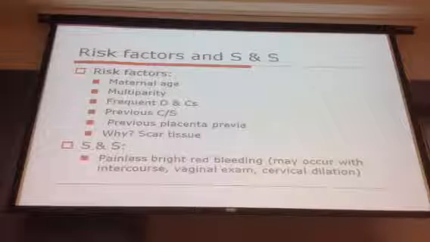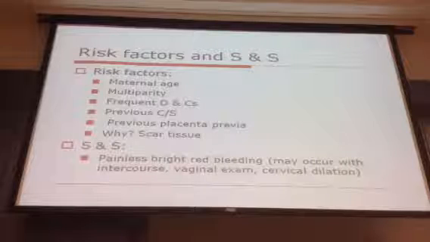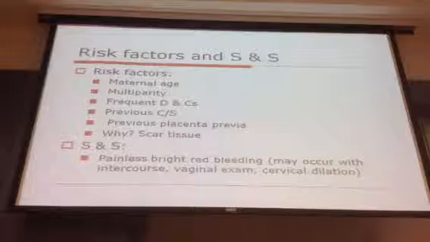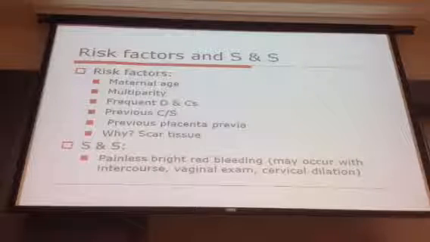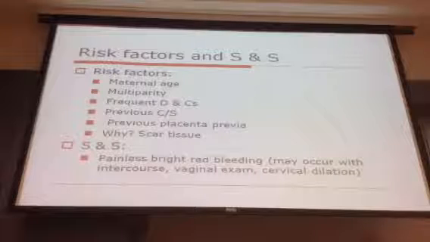And so with women who have multiple pregnancies or multiple reasons for uterine scarring like D&Cs, lots of places where placentas implanted, etc., then as they progress with more pregnancies, they may have risk for previa because there's not as much, I guess, optimal tissue for this conceptus to implant in.